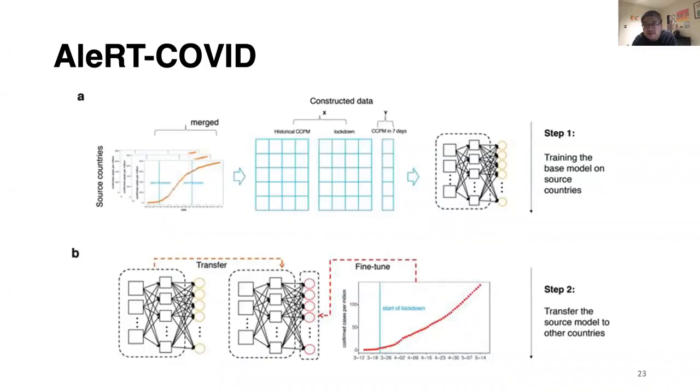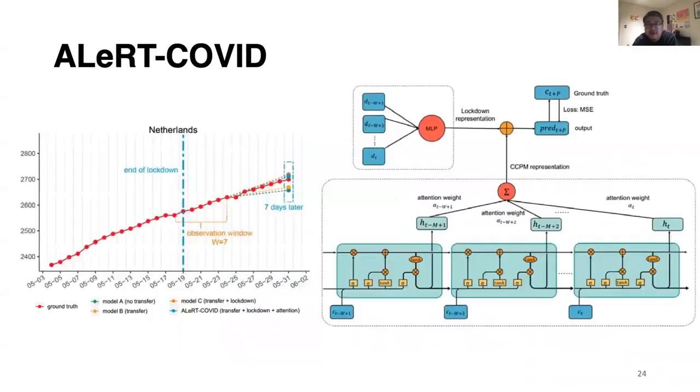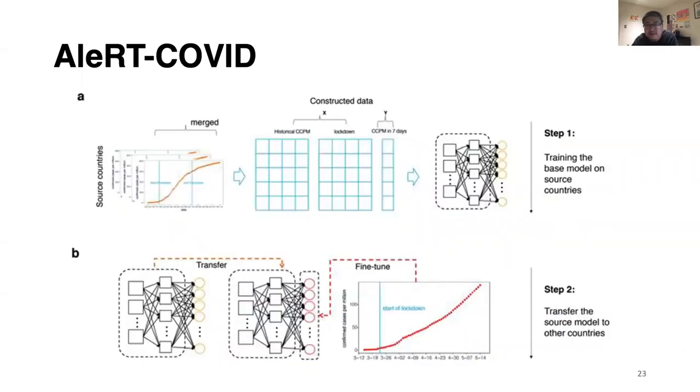There are 12 trends from 11 countries identified, and 72 countries set as target or testing countries.